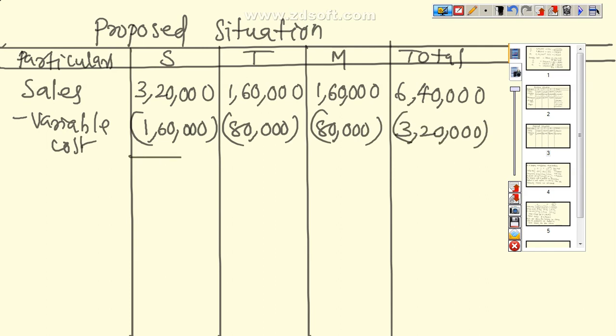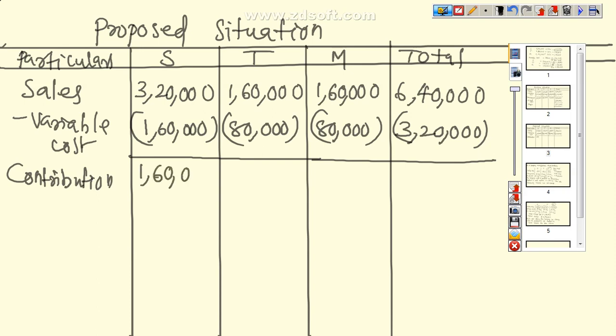Now, sales minus variable cost, we know the answer is contribution. Here we write 1,60,000. 1,60,000 minus 80,000 is equal to 80,000. Here also 1,60,000 minus 80,000 is equal to 80,000. Now total is equal to 3,20,000.